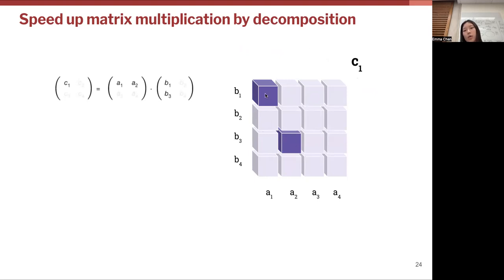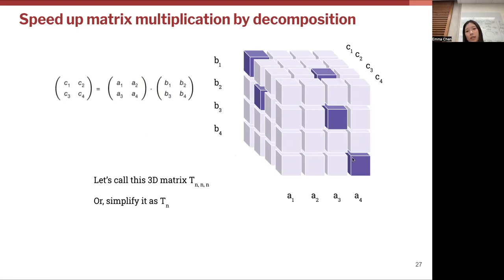The darker purple here represents 1, and the grayer purple here represents 0. And these 1s and 0s correspond to the element-based multiplications we need to do in order to get C1.